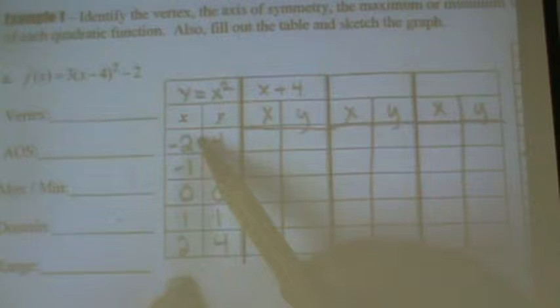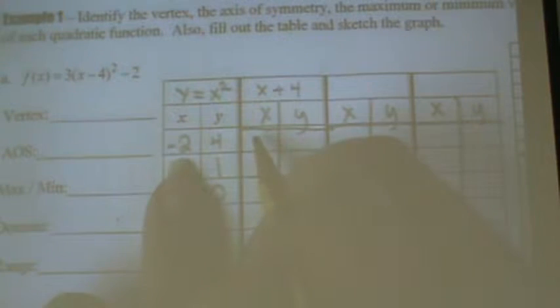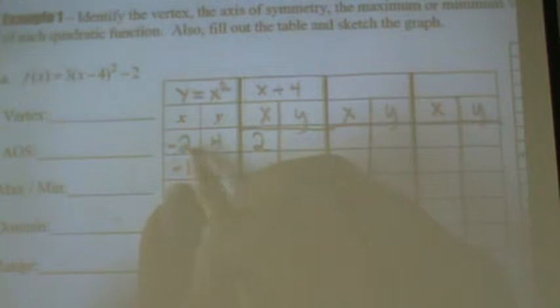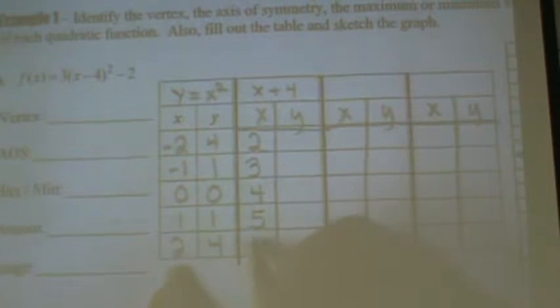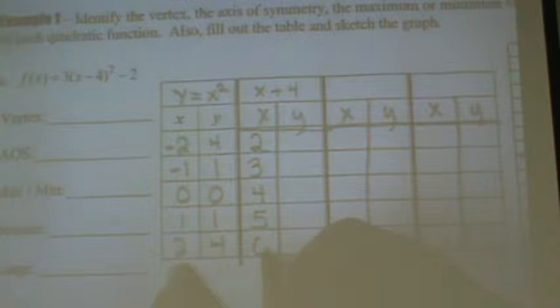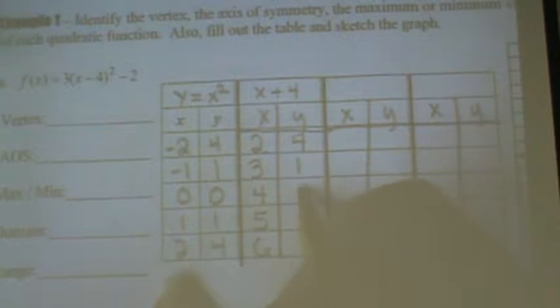So you're going to add 4 to all these x values. Can you add 4 to these real quick and tell me what you get? Add 4 to -2, you get 2. Add 4, you get 3. Add 4. Add 4. And add 4. Everyone cool? Okay. Now keep the y values the same.